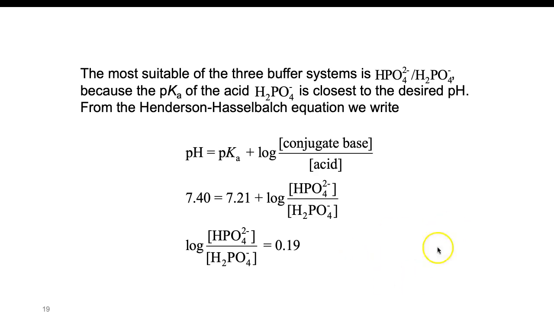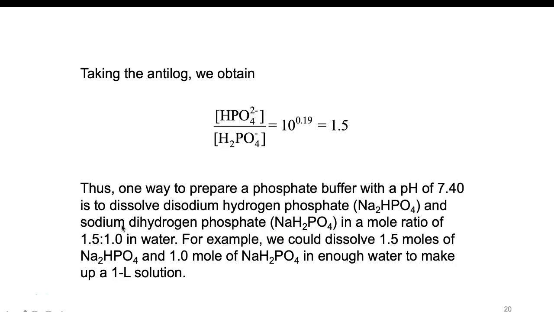So we know that. Now we can plug in our pH and our pKa and work out the ratio between these two. If I take 7.41 and divide it by 7.21, I get 0.19. Taking the anti-log of 0.19, I get 1.5. So what does 1.5 mean?